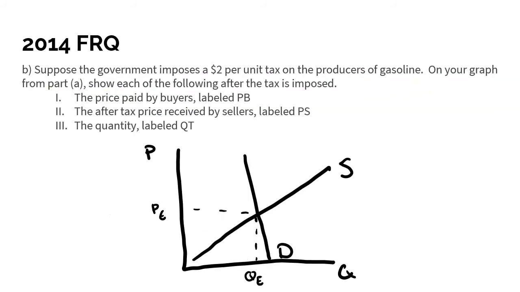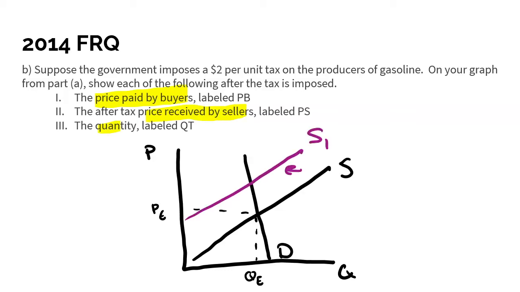Part B is asking us to add on to it. So let's say the government imposes a $2 per unit tax on the production of gasoline. It doesn't matter the dollar amount here because it's not asking us to calculate. It's just asking us to label the price paid by buyers, the price received by sellers, and the quantity. So here, let's shift our supply curve up, or to the left, because it decreased.